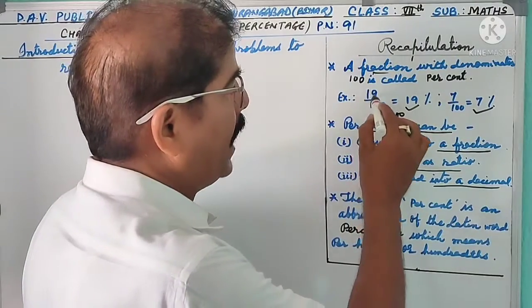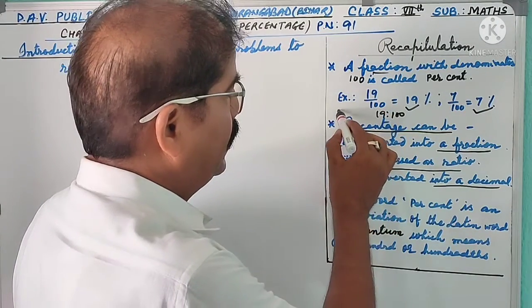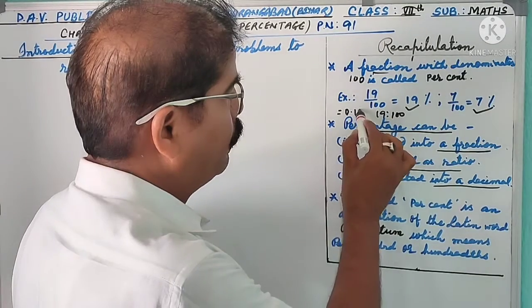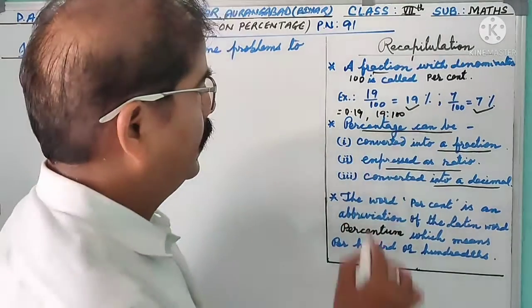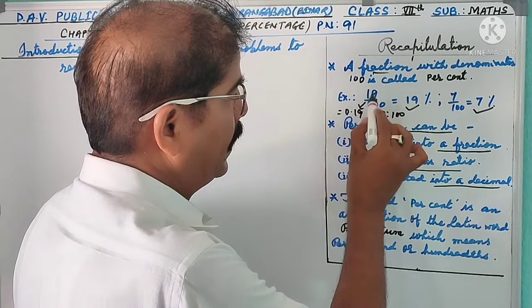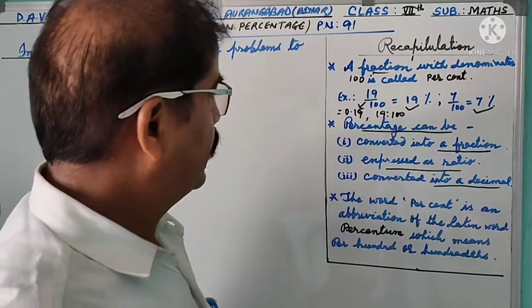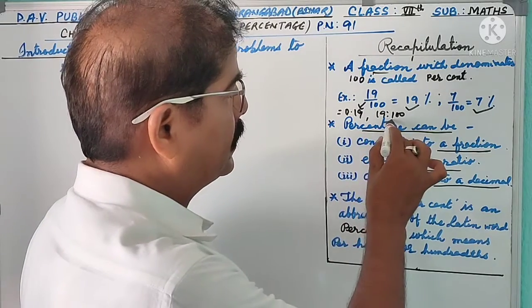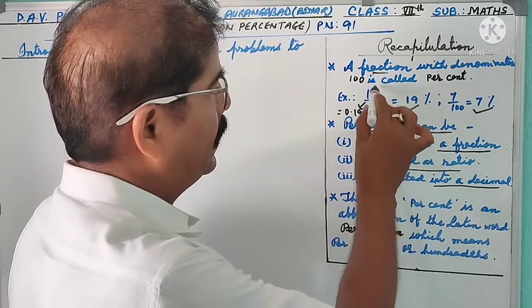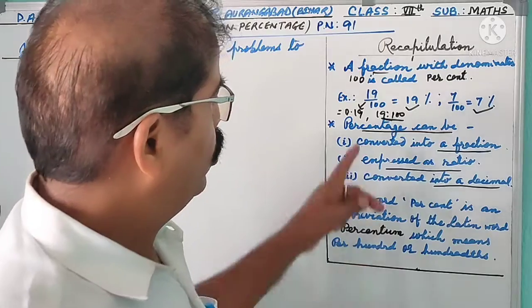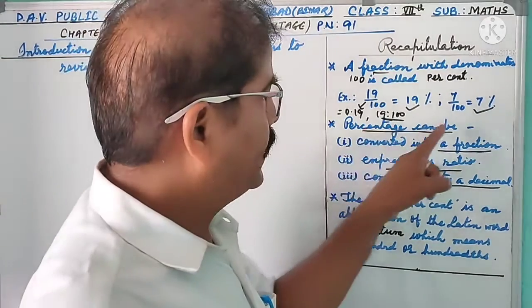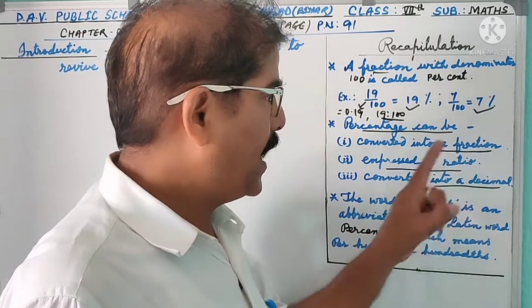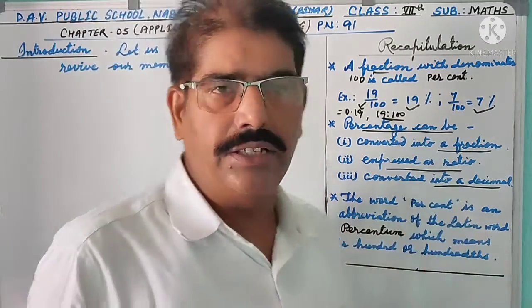Suppose 90 by 100 equal to 0.90 in decimal form. So you can say percentage can be converted into a fraction, expressed as a ratio, and converted into a decimal.